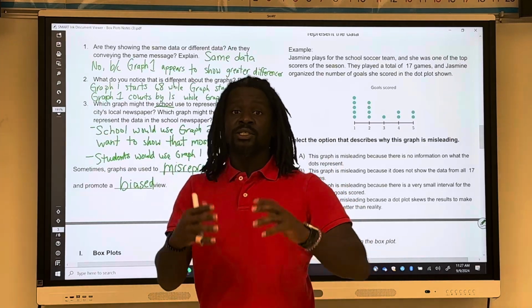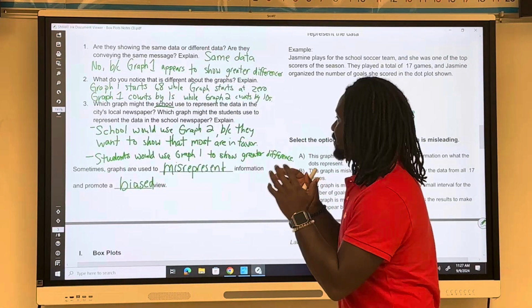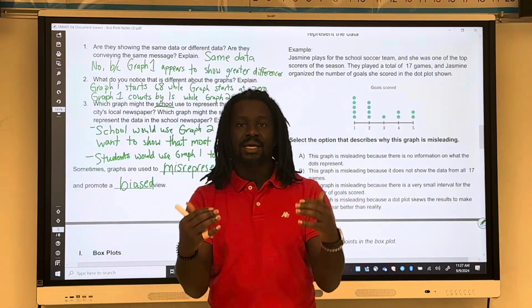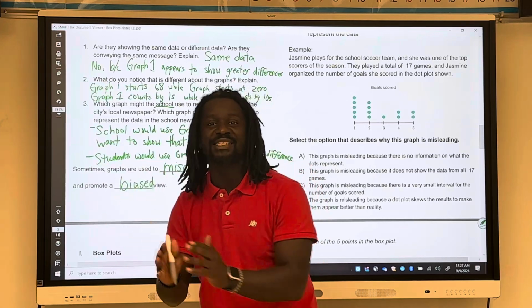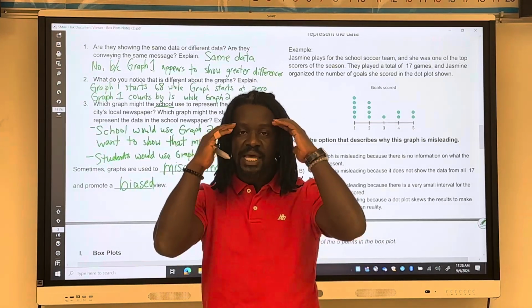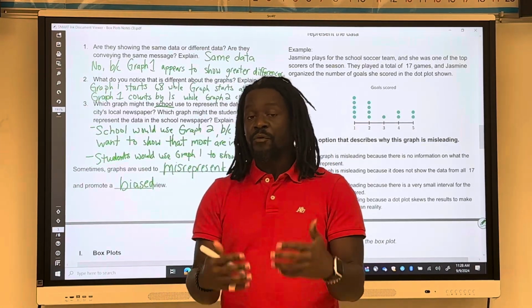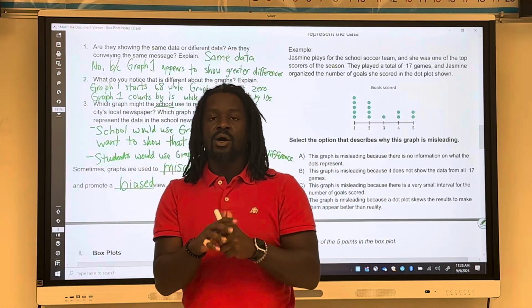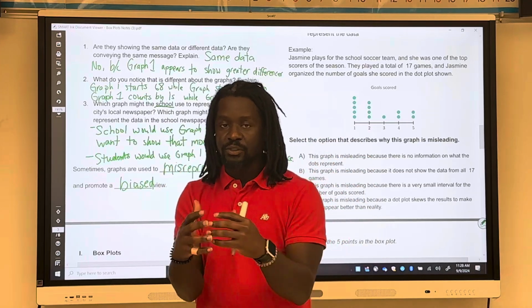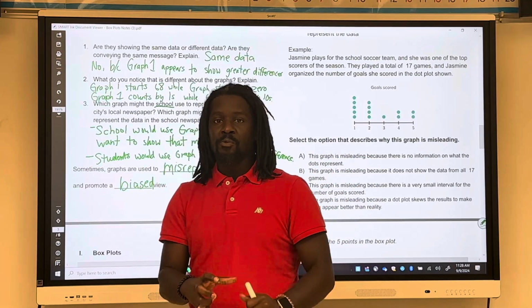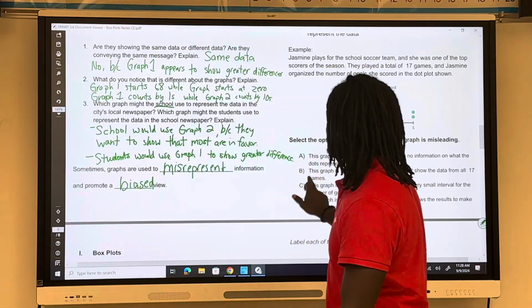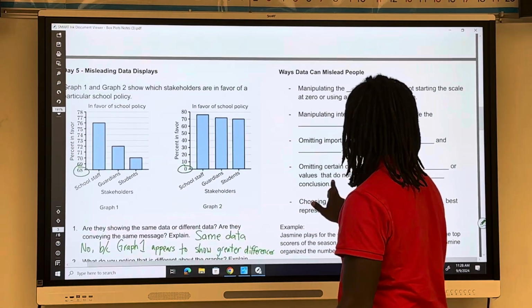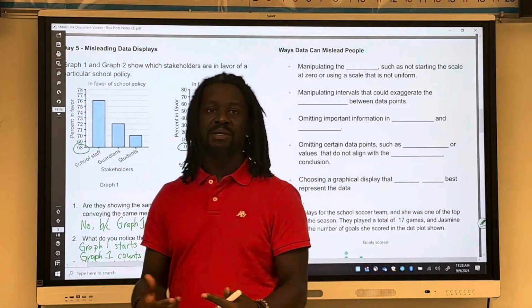In other words, sometimes the graphs will show the data in such a way to make a point, to be misleading. Okay, so that's the big idea for today, is that we need to sort of analyze and look at, okay, how might this graph be misleading, right? And so I'm going to give you some tips on how different ways graphs can mislead people.